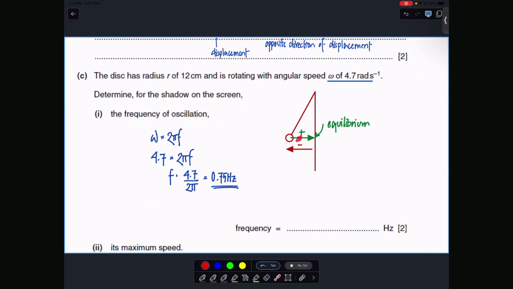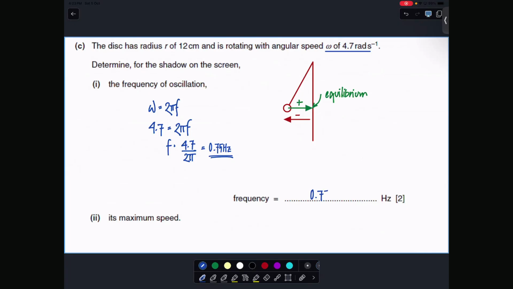It's still moving that way, and the displacement is still negative. So until it reaches this line, the displacement and acceleration are always opposite. Once it crosses this line, it's still the same. Your displacement is going to be positive now, and your acceleration is going to be negative. So in simple harmonic motion, the two directions are always opposite to each other. It's like a mandatory requirement. And the math checks out, right? When we do our equation, you'll find that it's negative at the end.